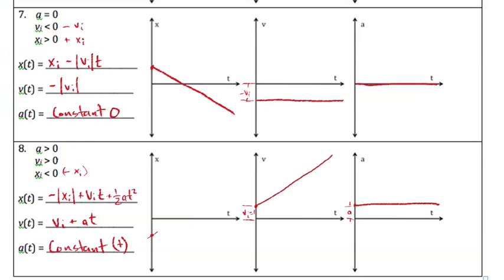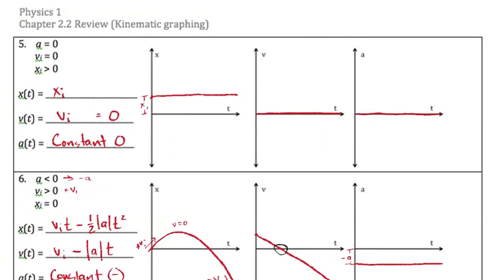And since we have a positive acceleration, it's going to be getting greater and greater and greater. So it's going to just be sloping up like that. Starting from a negative position, but starting with a positive velocity, and it's getting more and more positive because the acceleration is positive too. So there you have it. 1 through 8, review on kinematic graphing.